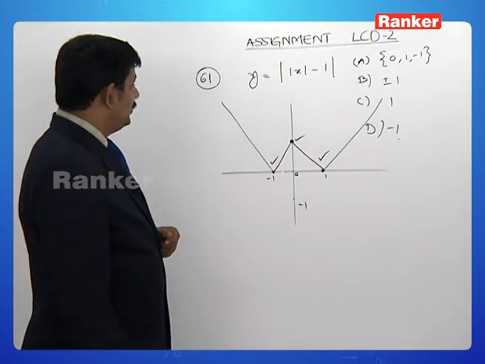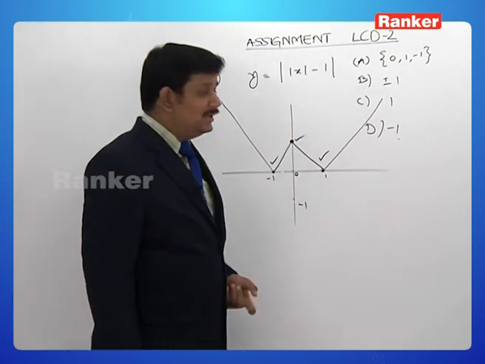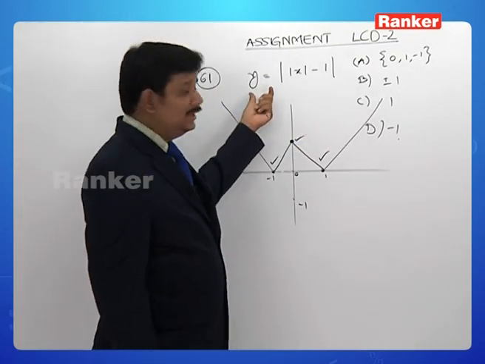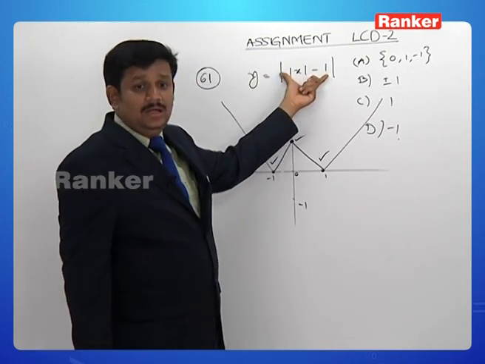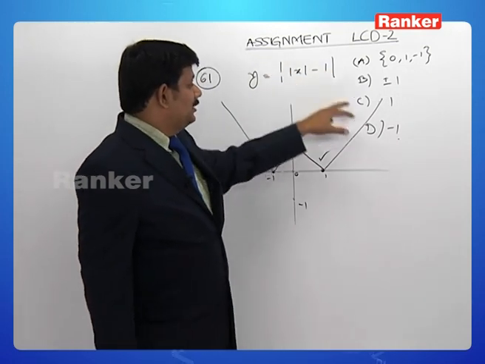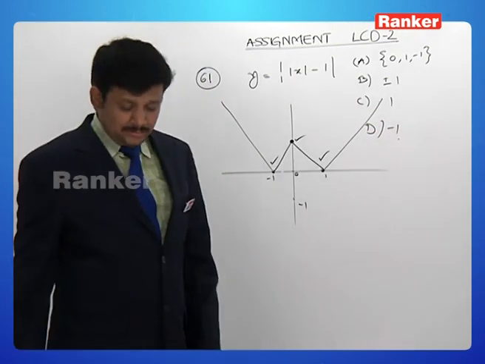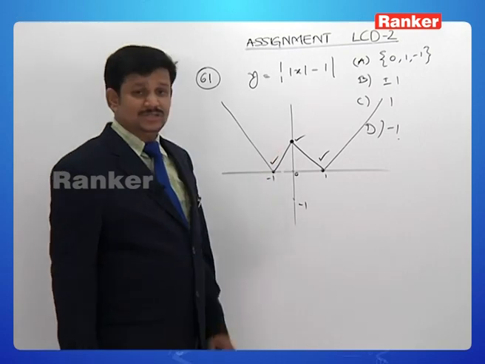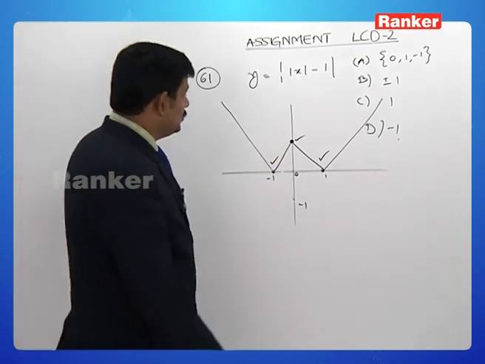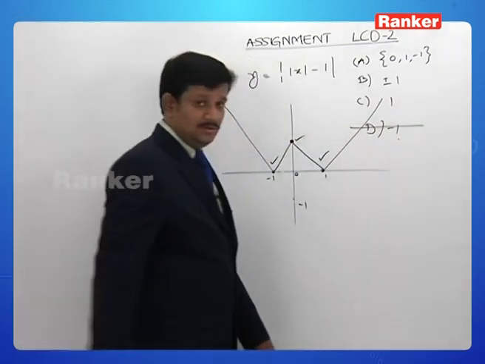Now if I say the answer is D, that means the function is differentiable for all numbers except minus 1. That says the function is also differentiable at 0. Is it true? No. So D cannot be the option.